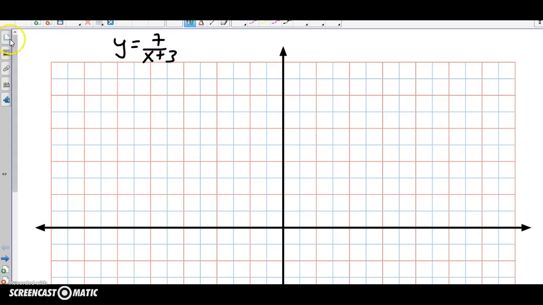Setting x equal to 0, y is equal to 7 over 0 plus 3, which is 7/3. 7/3 is just over 2, so 2 and a bit. So there's my intercept.